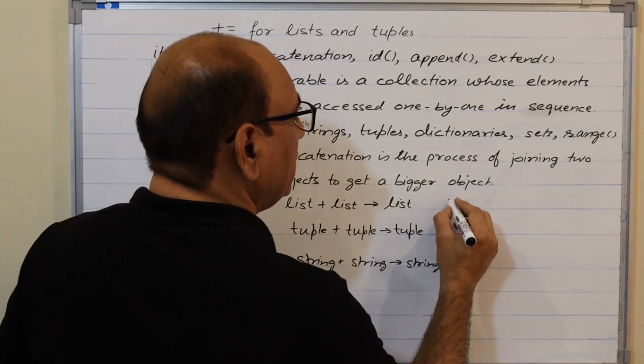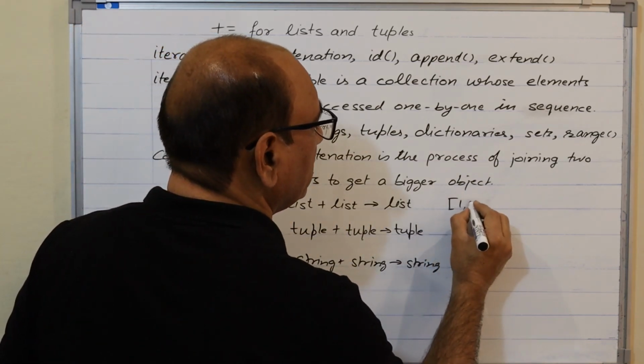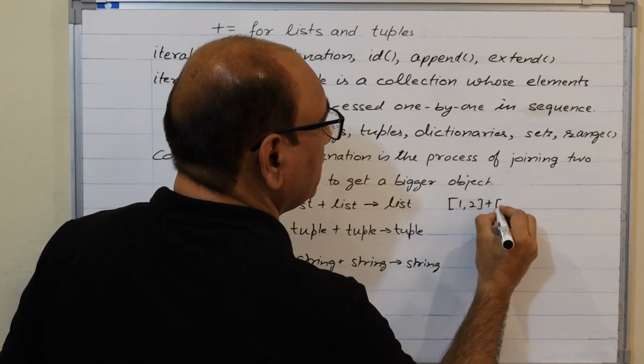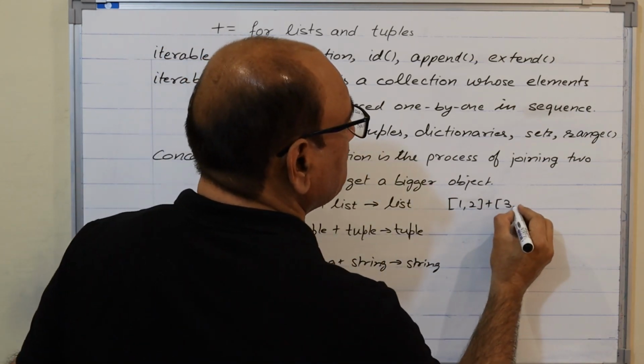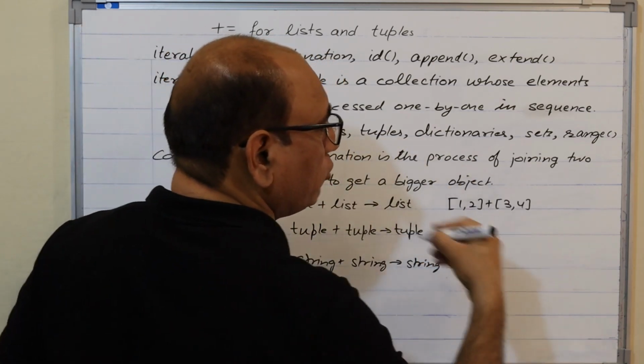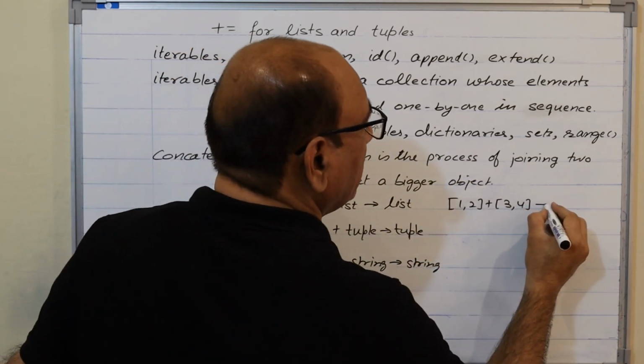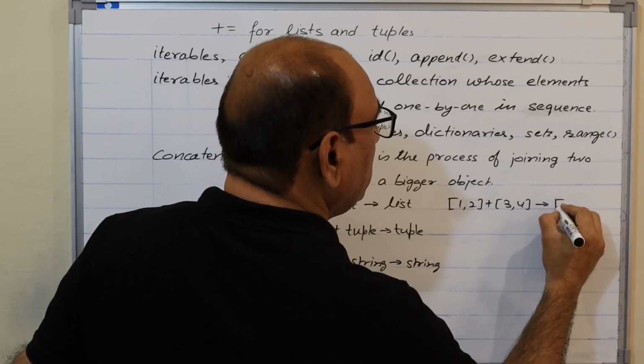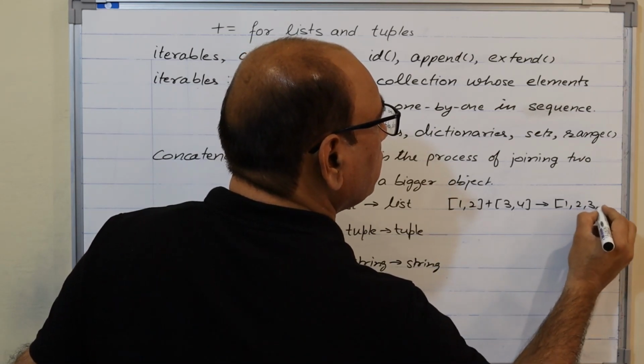For example, if I have a list containing elements 1 and 2, I have another list containing elements 3 and 4. If I say [1, 2] plus [3, 4], I concatenate these two lists, I get a bigger list. This will give me 1, 2, 3, 4.